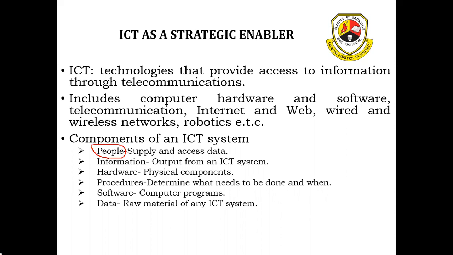And sometimes we forget it too as ICT professionals, but people are part and parcel of systems. Why? Because they are the ones who supply the information and the data, they're the ones who access it, and they're the ones who know exactly how they need to access it.